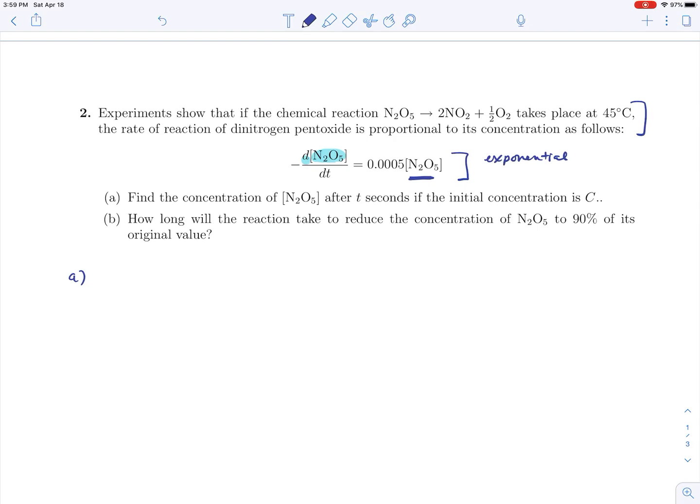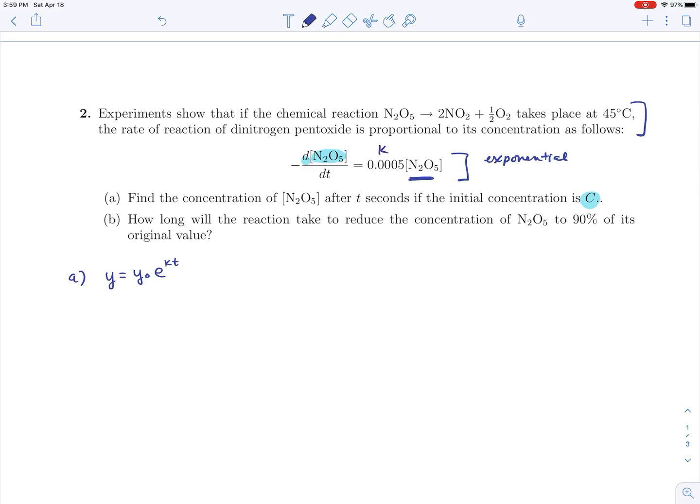Okay, so find the concentration after T seconds. So we're really going to have this same model. And we've got initial concentration is C. Oh, just kidding.